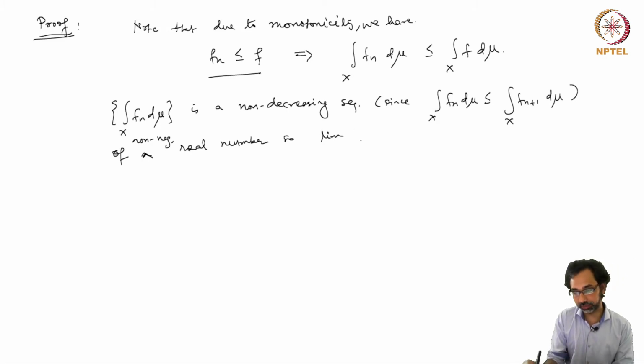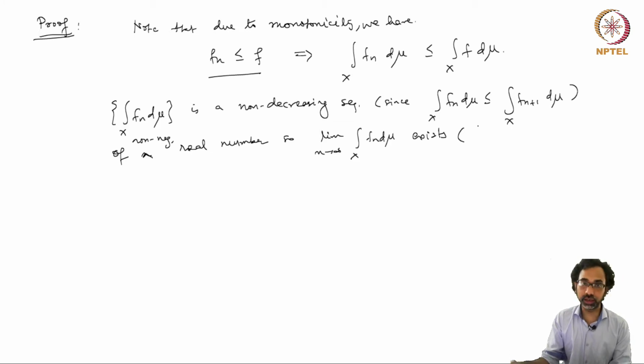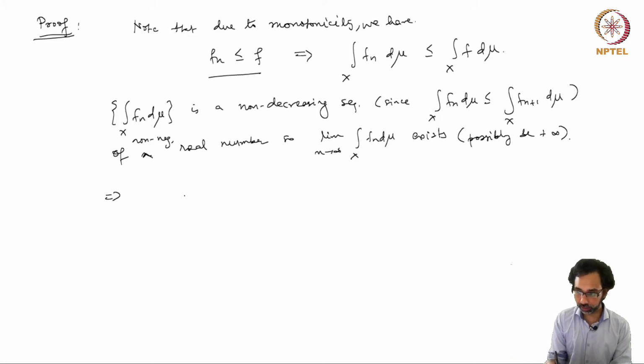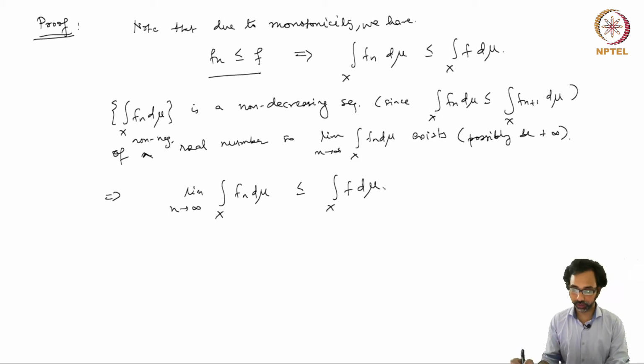So the limit exists. So limit n tends to infinity integral Fn d mu exists in the extended real numbers, so it could possibly be plus infinity as well. But since it is a non-decreasing sequence, the limit must exist, whether it is a finite real number or plus infinity. So this implies that the limit of n tends to infinity integral Fn d mu is also bounded above by integral f d mu. So now it suffices to prove the reverse inequality.